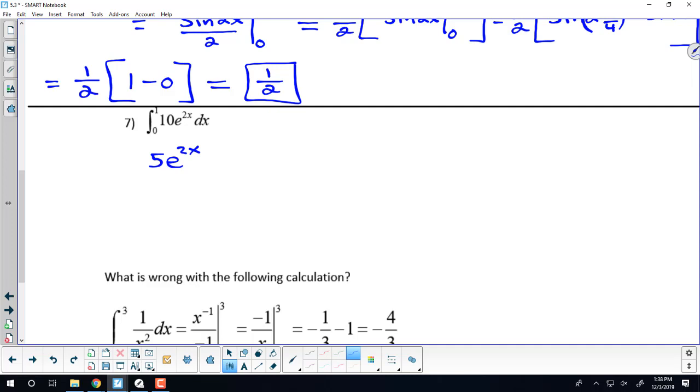There's a couple of ways to look at it: you could pull the 10 out, or you could just leave it in. The antiderivative of e to the ax is e to the ax over a. So 5e to the 2x is the antiderivative, evaluated from 0 to 1.